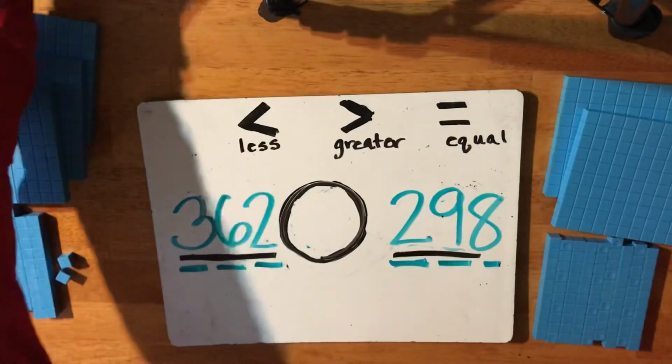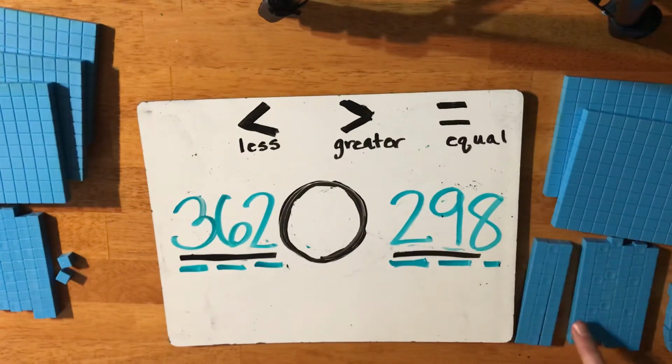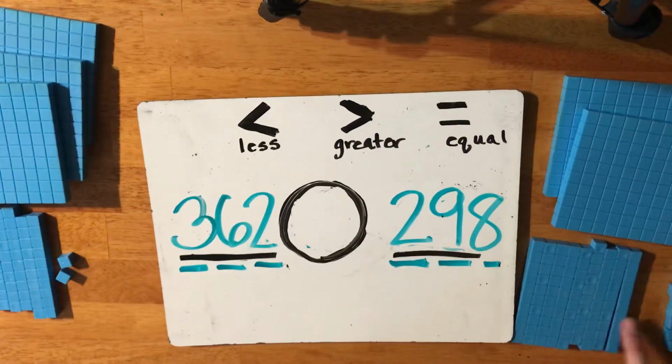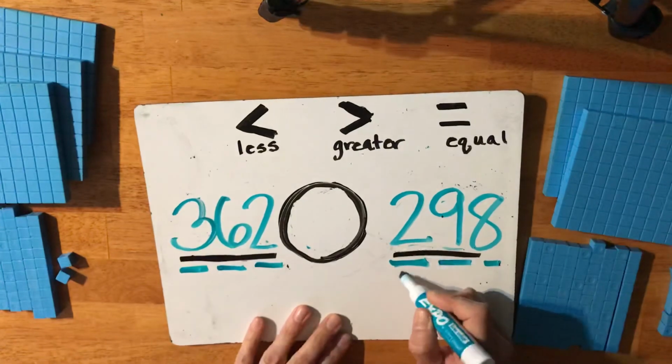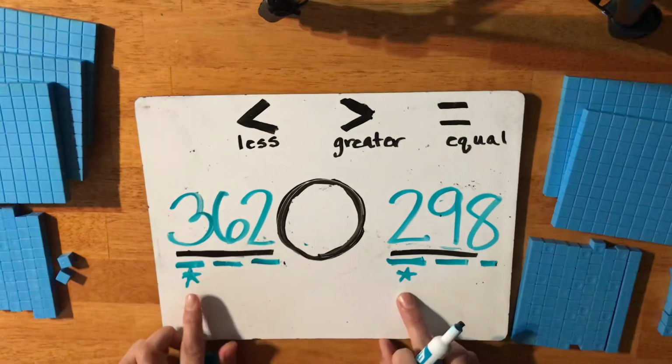So we have 8 ones right here. 1, 2, 3, 4, 5, 6, 7, 8. 100, 200, 210, 220, 230, 240, 250, 260, 270, 280, 290, 291, 2, 3, 4, 5, 6, 7, 8. 298.